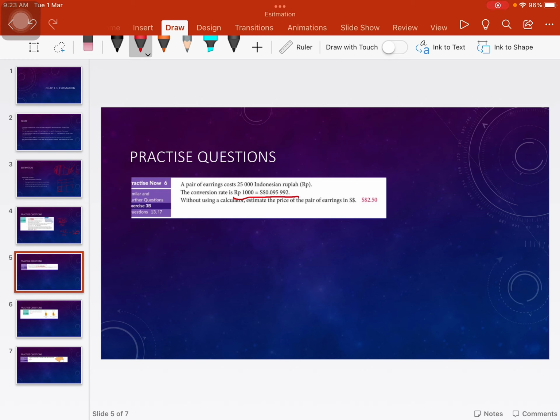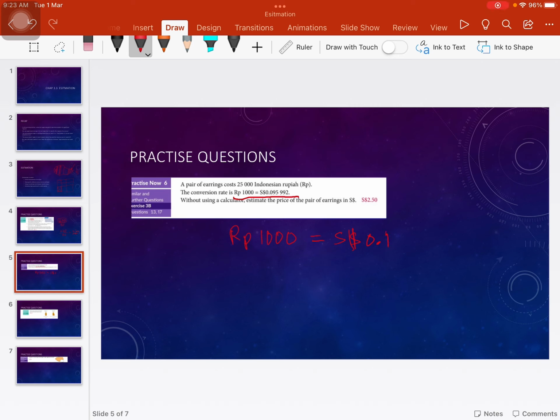Okay, so let's check. So the closest that you can get for 1,000 rupiah is about equal to Sing dollars, which is about 0.1.